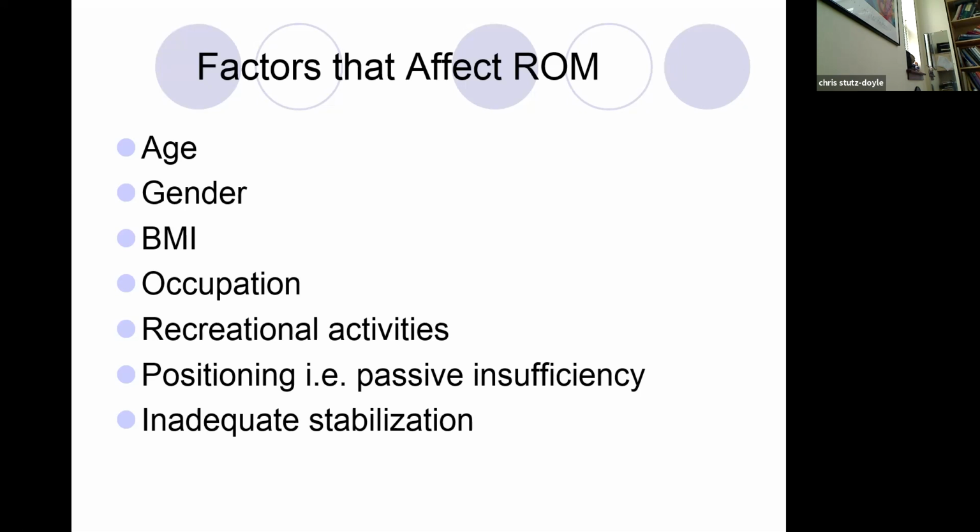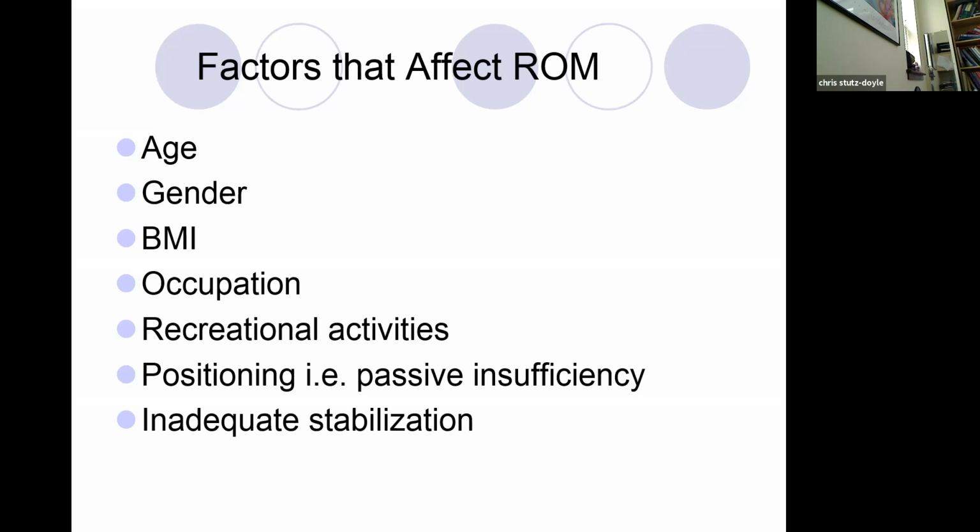Yeah, probably. So if somebody is a weightlifter, they may have a decrease in range of motion. If somebody is just obese, they can have a decrease in range of motion. Does gender affect range of motion? Yes, gender affects range of motion. Women usually have greater range of motion than men, secondary to hormones and ligament laxity.